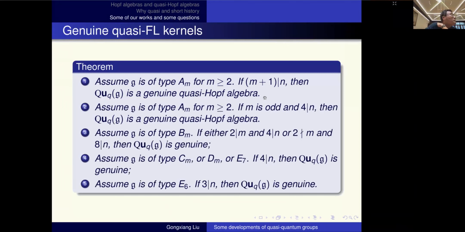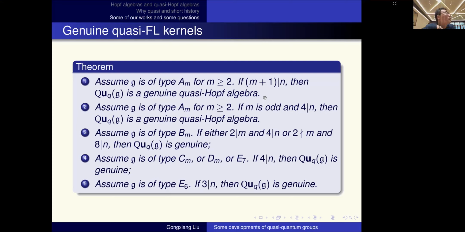It seems that m+1 for type A_m, 2 and 4, and 3 for E6, these numbers are the order of the center of the algebra. That is the weight lattice modulo the root lattice. For type A_m, the weight lattice modulo the root lattice is Z mod m+1.